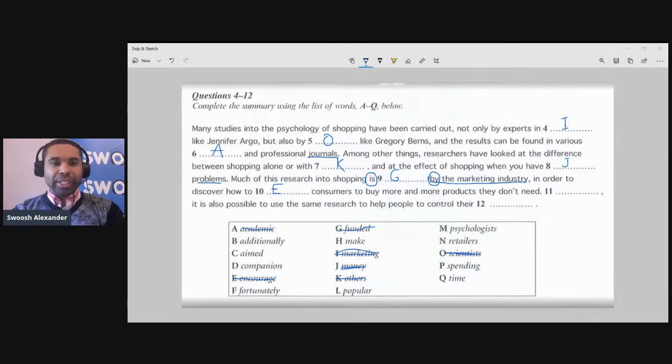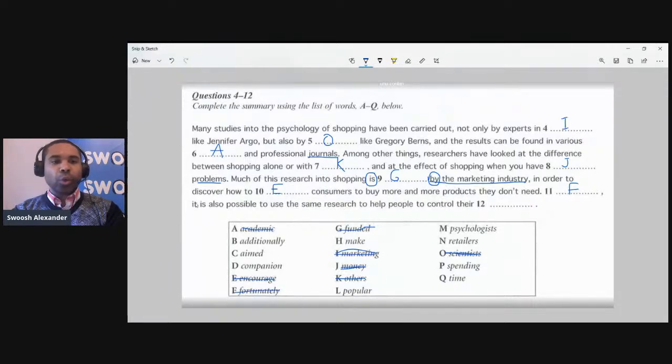Does B make sense in this context? I believe it does. It does make sense, but there is also the possibility of F. Even though B could be used grammatically in this case, F is actually better because it shows the link more clearly between the previous sentence and the following sentence.